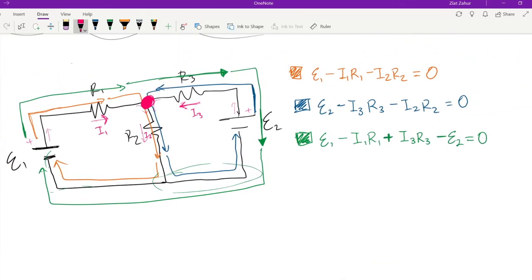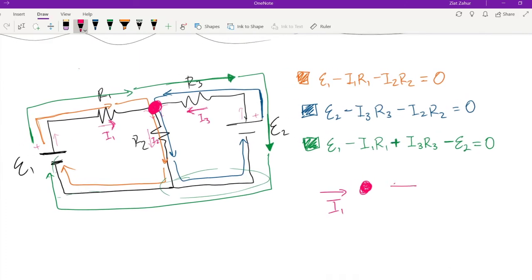Well, we have I1 going into the junction. We also have I3 going into the junction. It goes into the circle, into the dot. But we have I2 coming out of the junction.